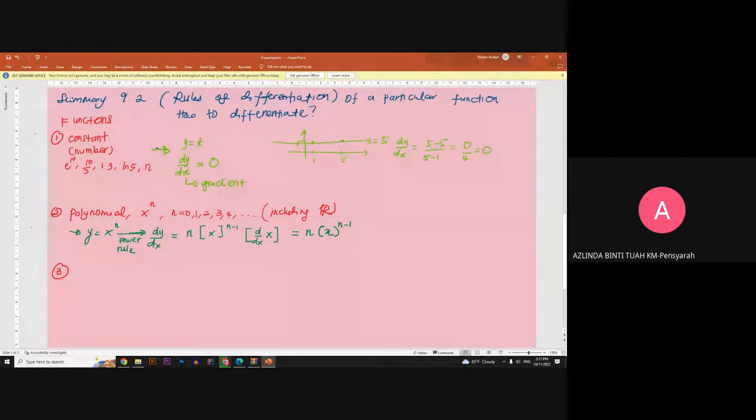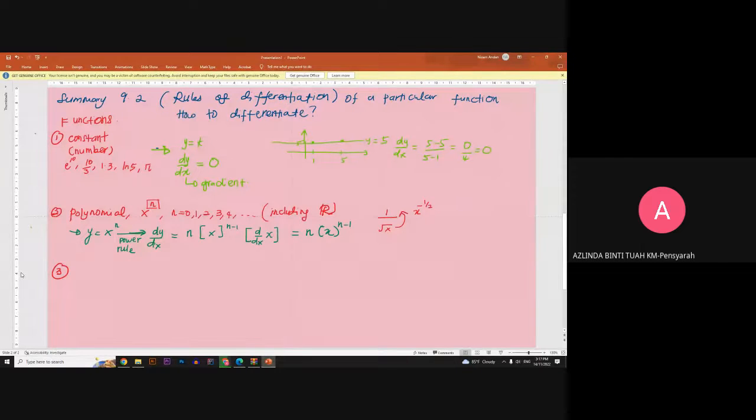So kalau dia di bawah, contoh 1 over square root x, so kita kena naikkan dia ke atas supaya boleh nampak what is the n. So it's going to be x power of negative 1 over 2, barulah kita boleh differentiate. Okay, dia bukan restricted pada positive integer sahaja. So fraction boleh, dalam decimal pun boleh. Okay, yang ketiga adalah apa lagi function?